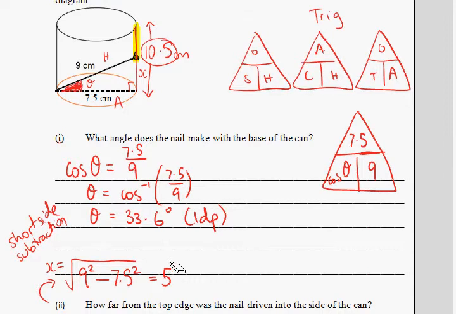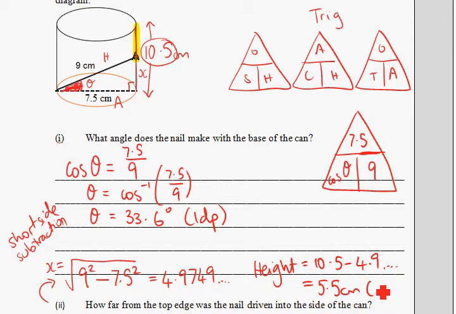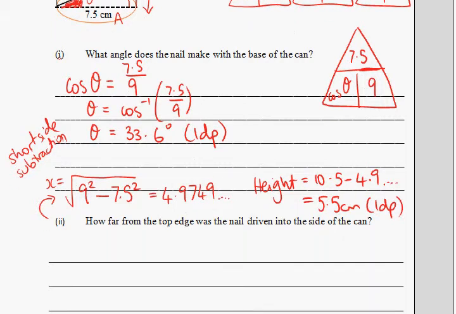Because we're part way through a problem, we'll use the whole decimal: 4.9749... So therefore, the height that the nail would be driven in is going to be 10.5 minus 4.9. And perhaps using answer on the calculator, 10.5 minus your answer gives me 5.5 centimetres to 1 decimal place. And you should write that working down below if you haven't done it.